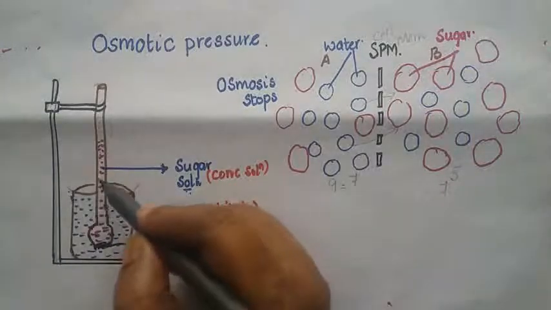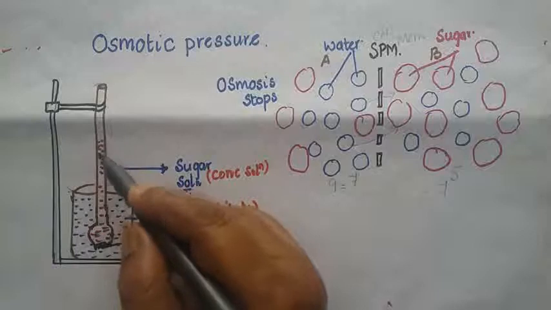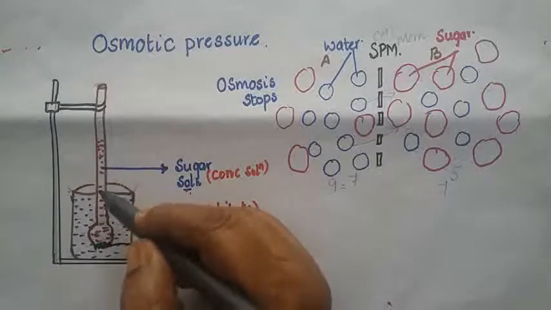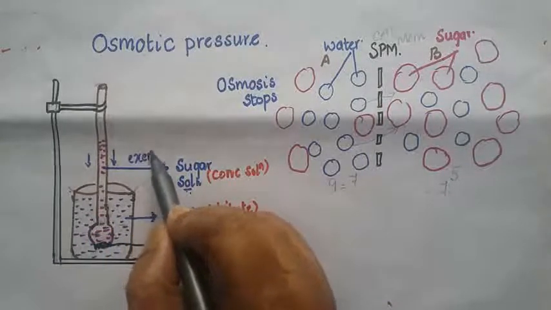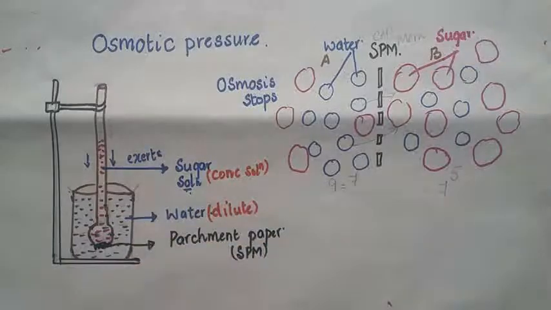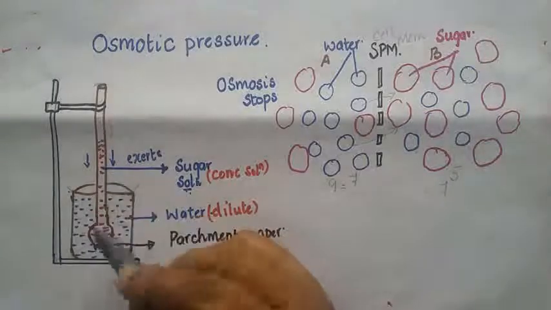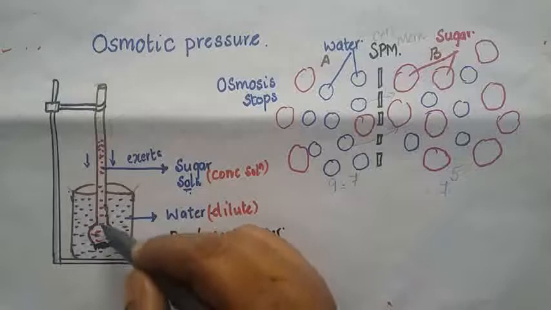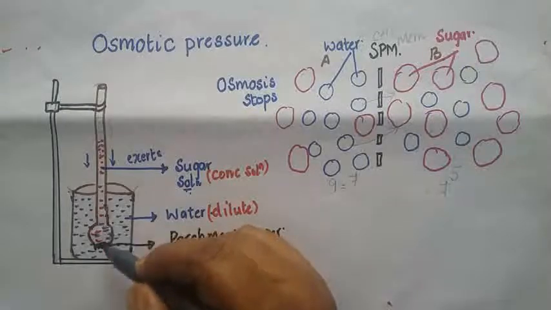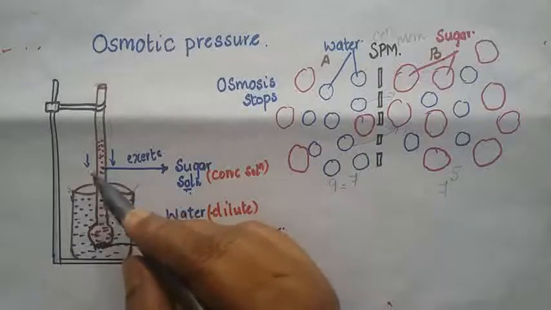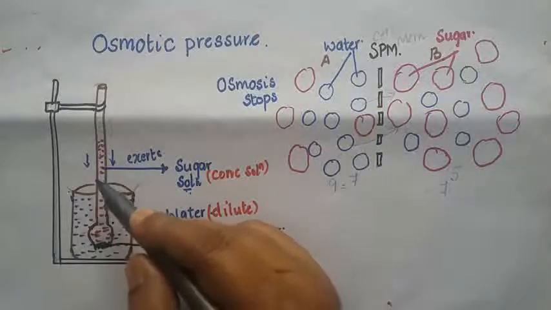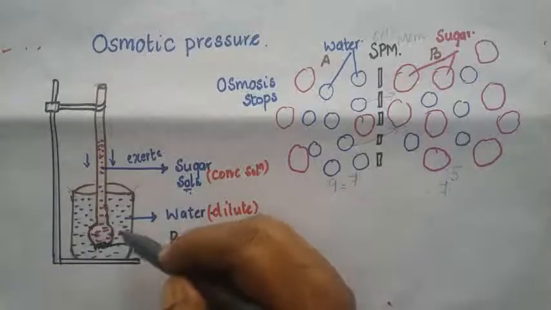In the sense, the weight of this sugar solution in the thistle funnel exerts a pressure on the parchment paper or on the cell membrane, which prevents the inward movement of water molecules across the semi-permeable membrane into the thistle funnel, though there are fewer water molecules in the thistle funnel compared to the water in the beaker.